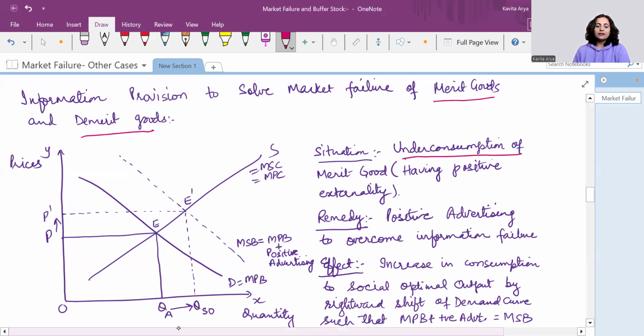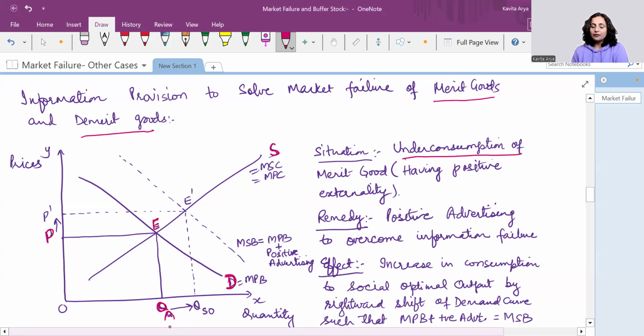Underconsumption means, just see this diagram, this D is the downward sloping demand curve, S is the upward sloping supply curve, intersecting each other at E, determining QA, the allocative output by the market, and the price. Right.